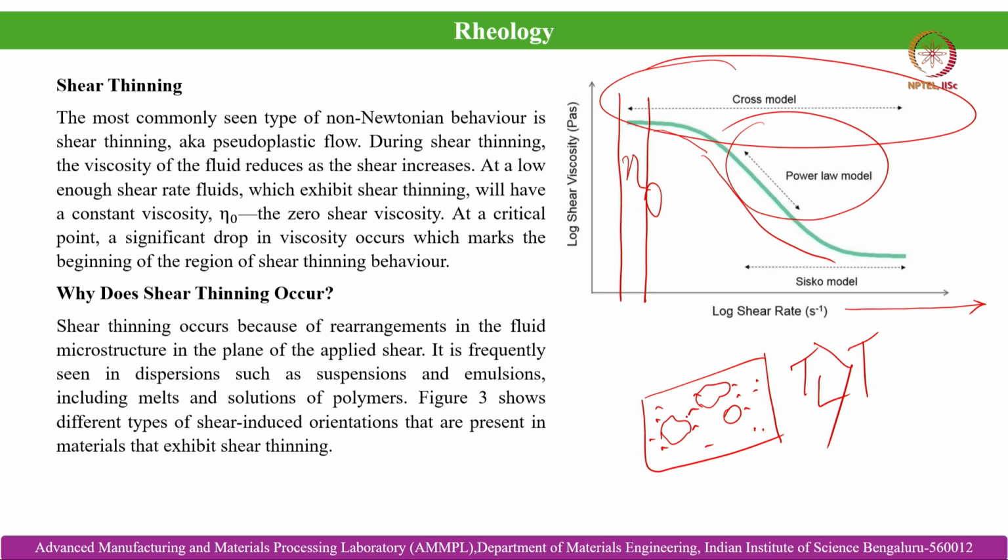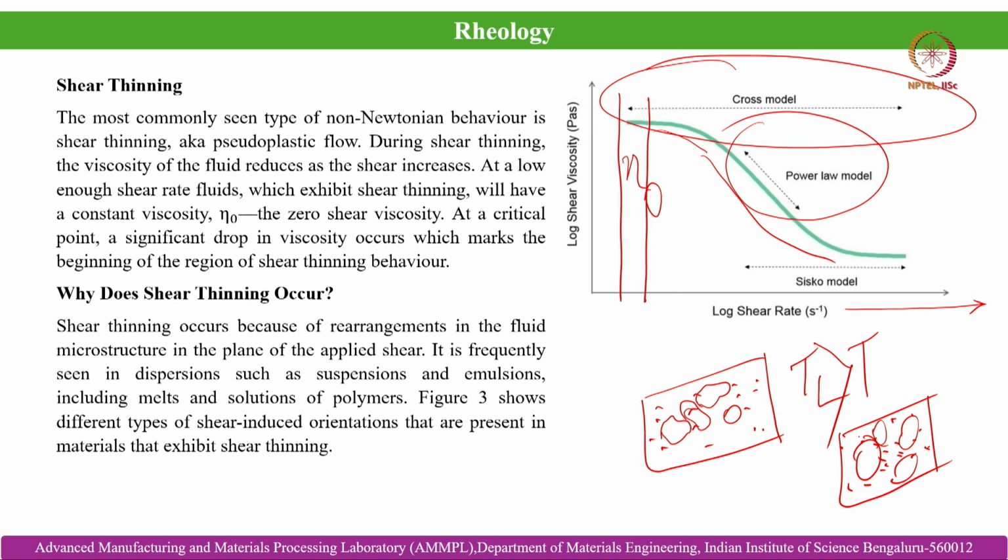Suddenly the network which is developing between these solidifying particles gets broken, and they become oriented in a distant manner like islands, and it allows flow past them, and subsequently the viscosity drops. So, this is the reason we see the shear thinning behavior in case of a solidifying melt.